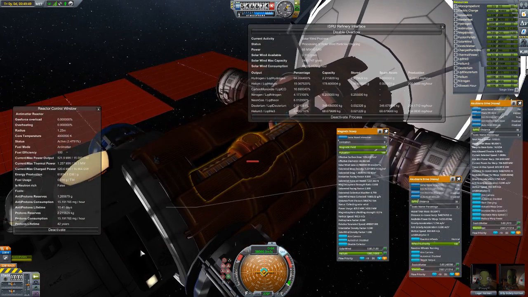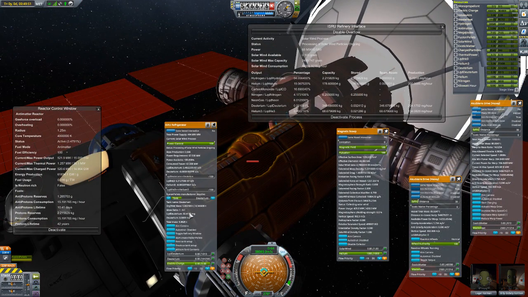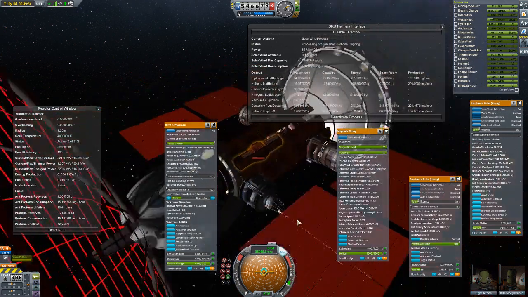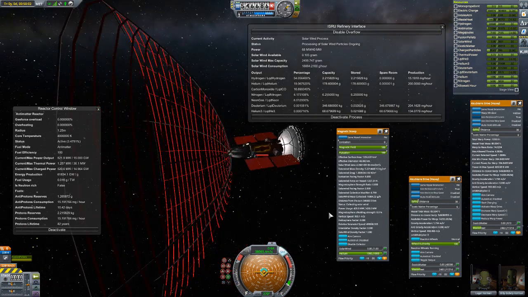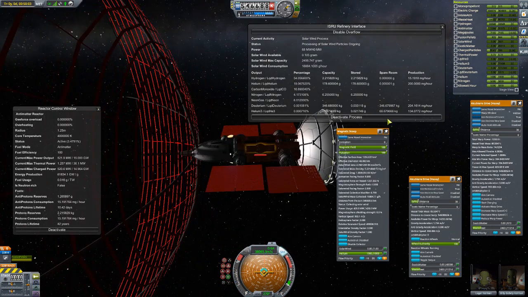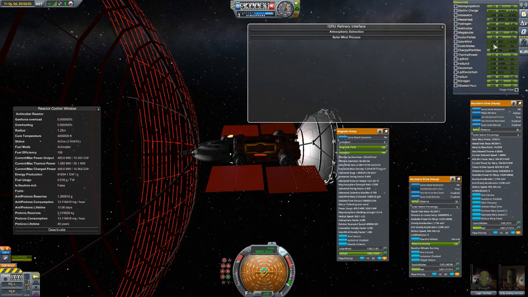If you want to get a higher yield, of course, just put a bigger refrigerator unit. This isn't the big one. Just put a bigger refrigerator unit, and you'll be able to process the solar wind pretty fast. Get a bigger collector. You'll be able to collect more solar wind at a time. And that's it.